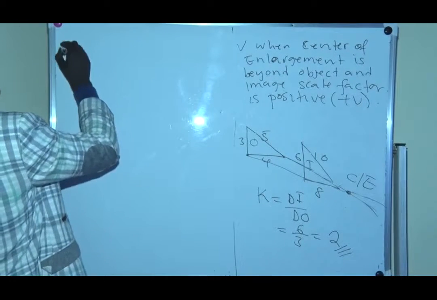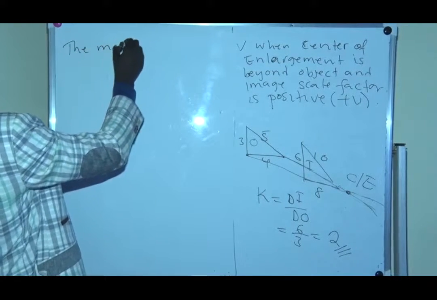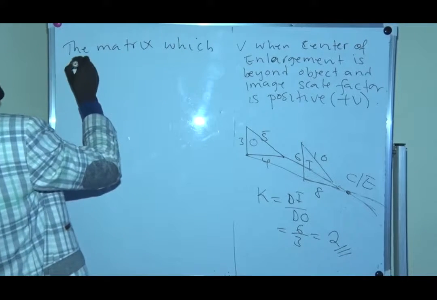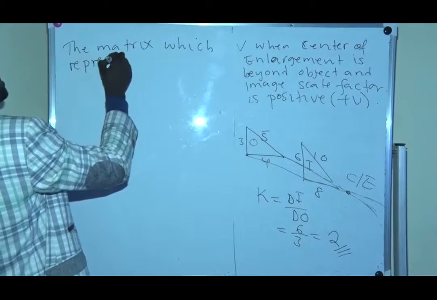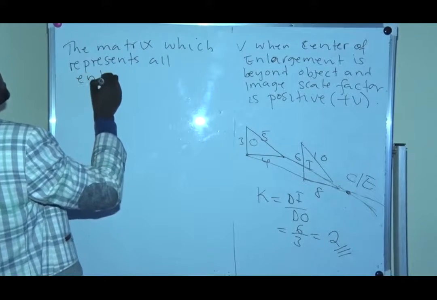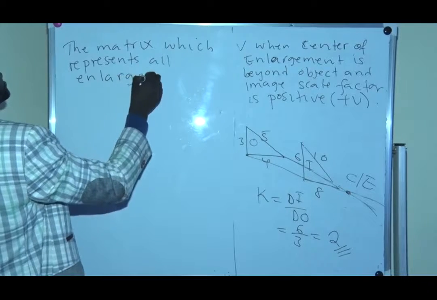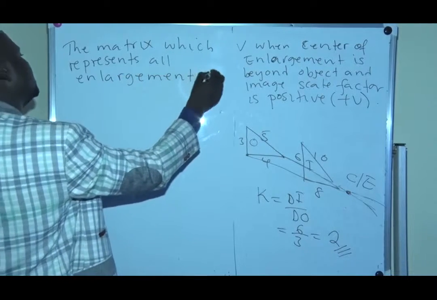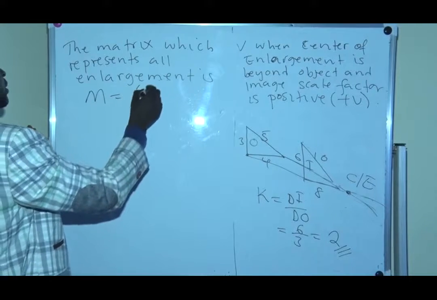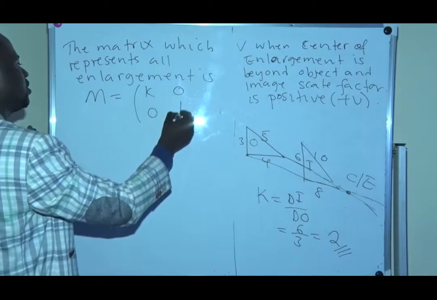The matrix which represents all enlargement is this matrix, K0, 0K.